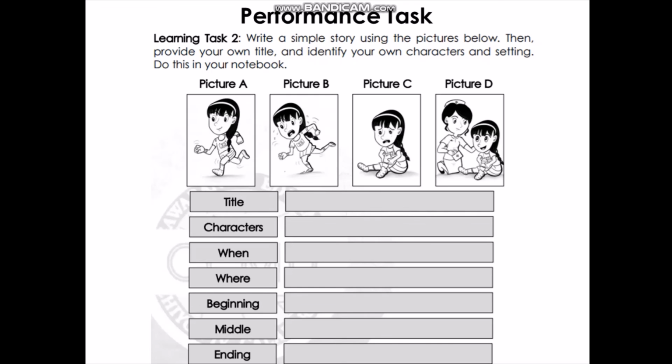When and where the story begins, and who is that girl? You need to give a name to that girl so that you could write the beginning of the story. And then in the middle, you write what happened, what went wrong, and then in the ending, you write what solved her problem and what she learned.